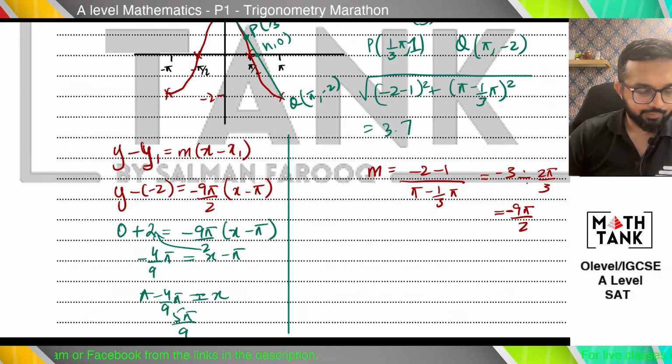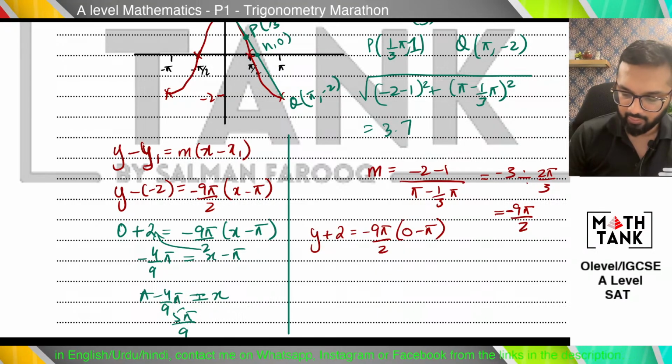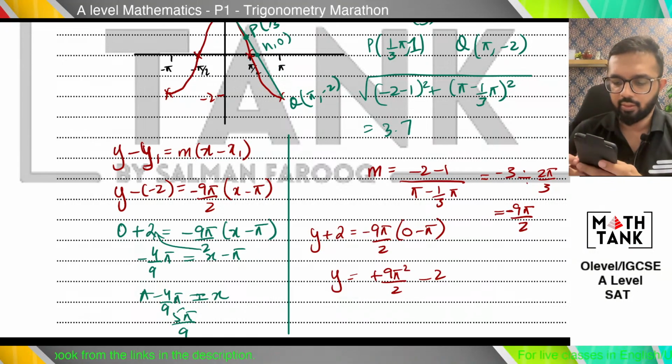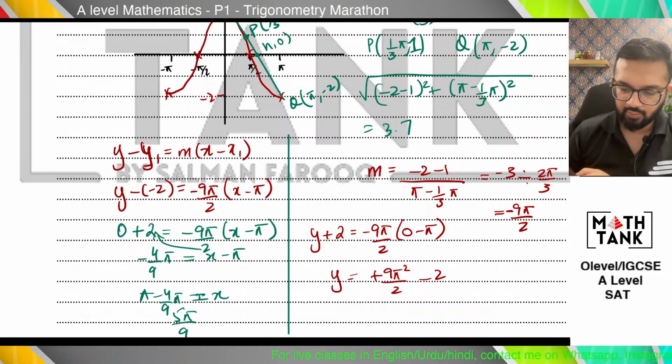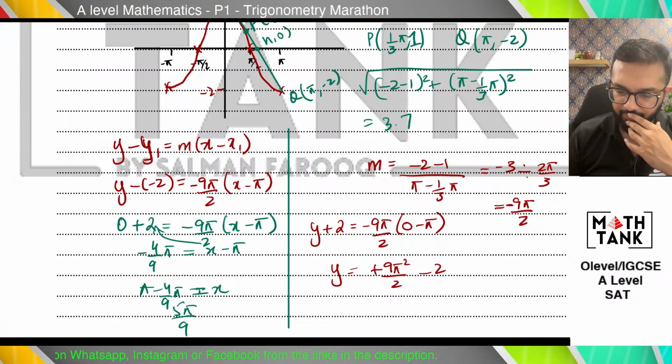Okay, and then to find the y-intercept, I have to keep x as 0. So that gives me plus 9 pi squared over 2 minus 2. That's going to be a calculation that I have to do. And pi squared divided by 2 minus 2. I messed something up.